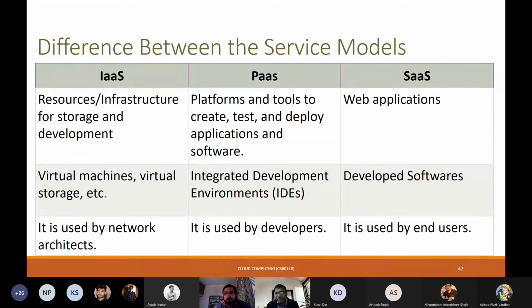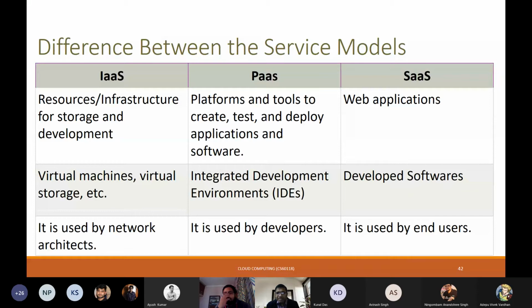What is the fundamental difference between IaaS, PaaS, and SaaS? In infrastructure as a service, we talk about virtual machines, virtual storage, etc. In platform as a service, because you are talking about a development platform, the units are integrated development environments, IDEs.